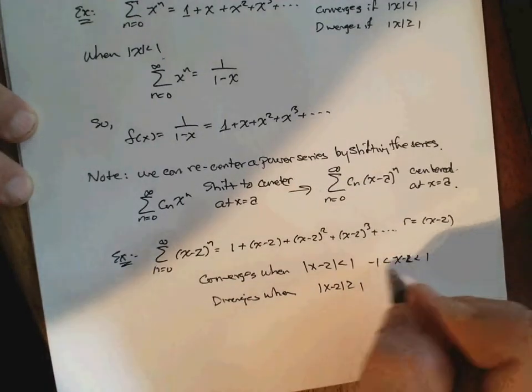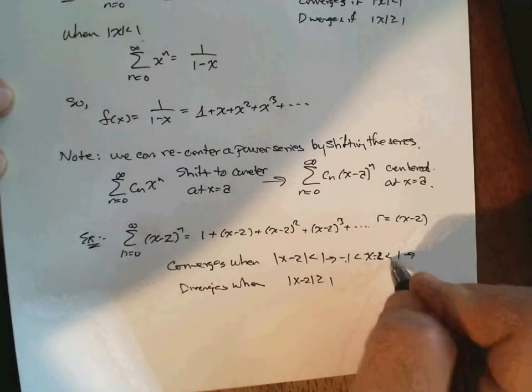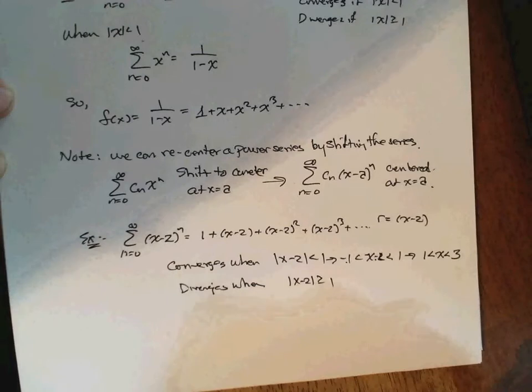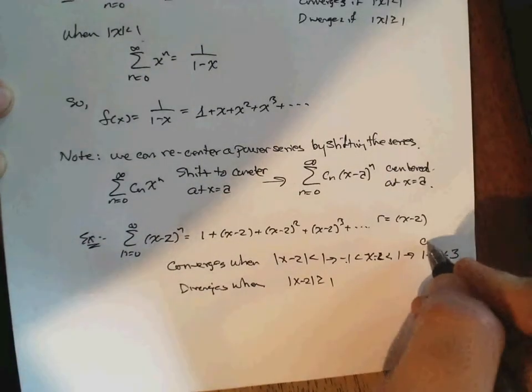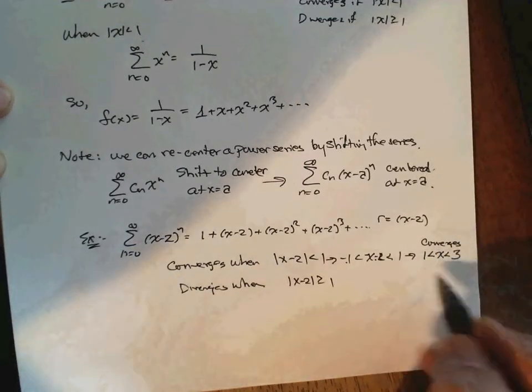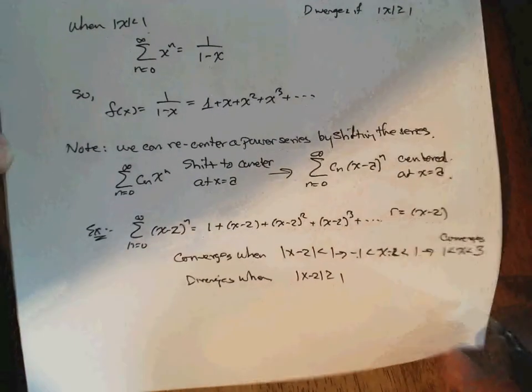Which means if you add 2 everywhere, adding 2 here, here, and here, x is between 1 and 3, and this is where it converges. Okay? If x is not on this interval, we do not have convergence.